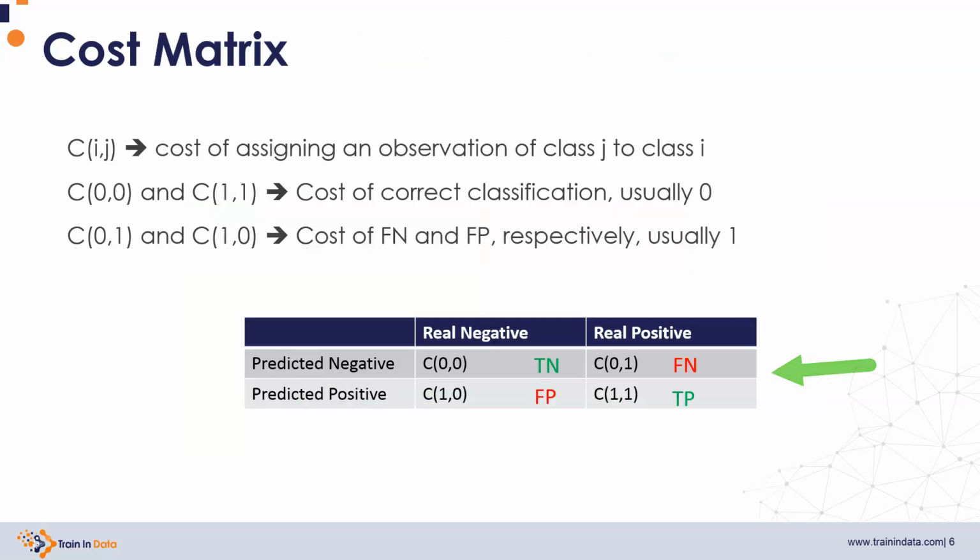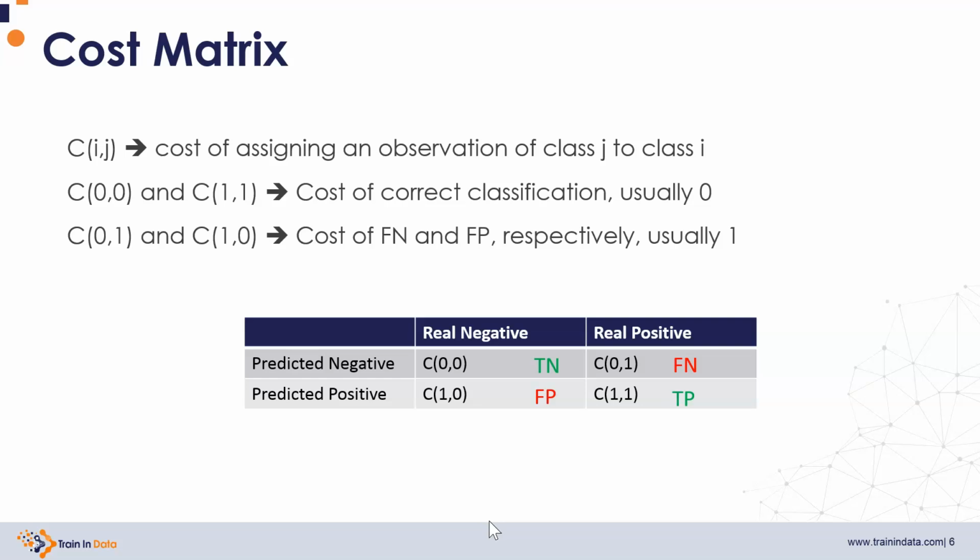Cost-insensitive algorithms assign the same misclassification cost to all misclassification types, whereas cost-sensitive methods apply different classification costs to different classes. We can visualize cost-sensitive and cost-insensitive learning with the help of a cost matrix. A cost matrix is a table, like the one that you see here, with the costs of making correct or wrong predictions. It looks pretty much like the confusion matrix we discussed in section 3.